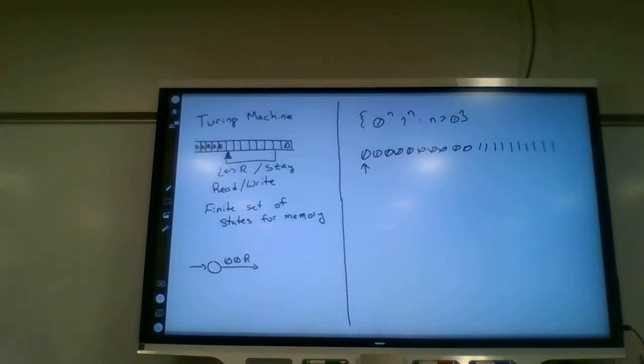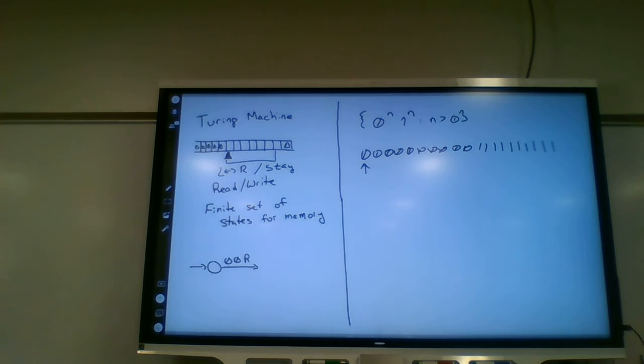So what would you do if you wanted to tell whether this string is in that language? Now we can tell, because we can count the zeros and count the ones, but we can't do that with this machine in this situation right now. Can you keep track of how many times you move left and right?